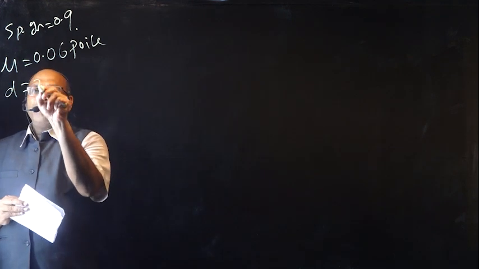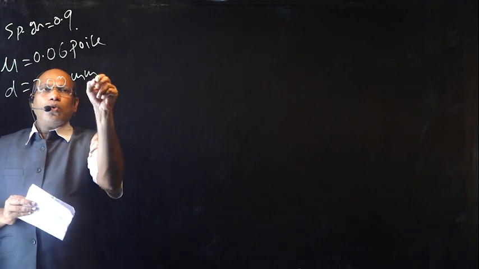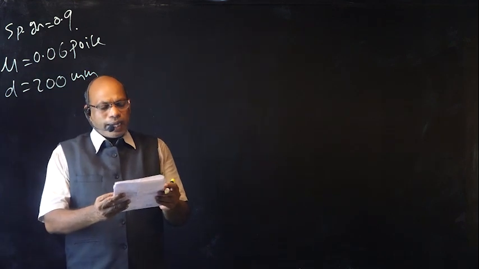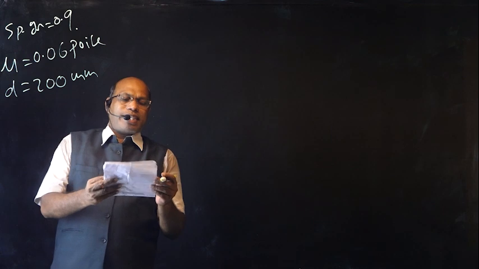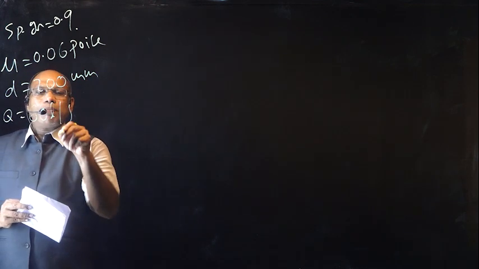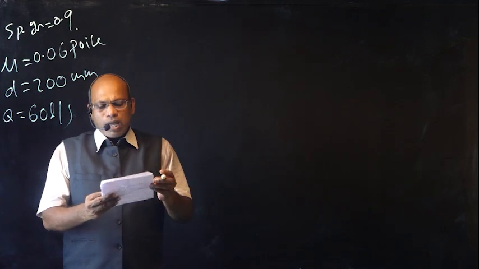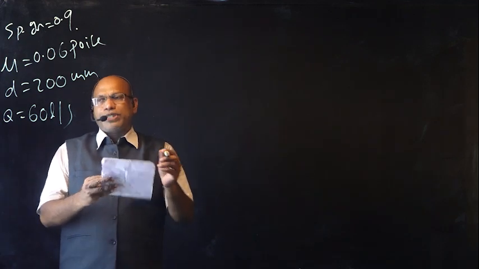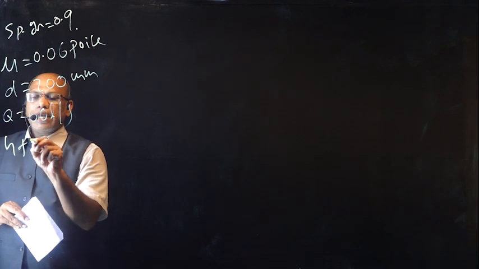Dia is given, that is equal to 200 mm, at a rate of 60 liters per second. Q is also given, 60 liters per second. Find the head loss due to friction. What is HF?